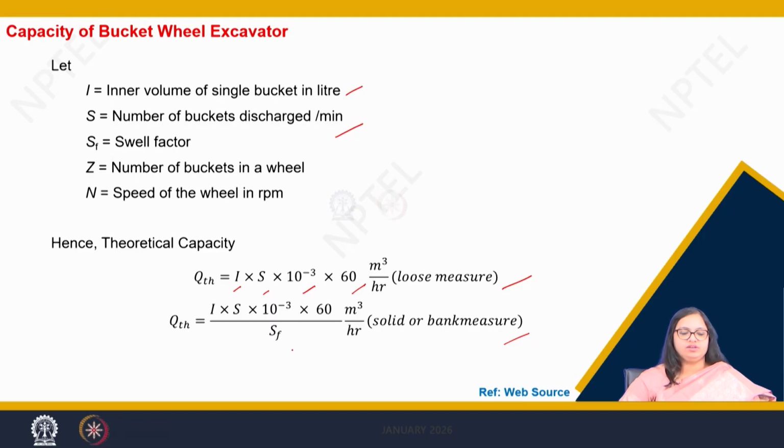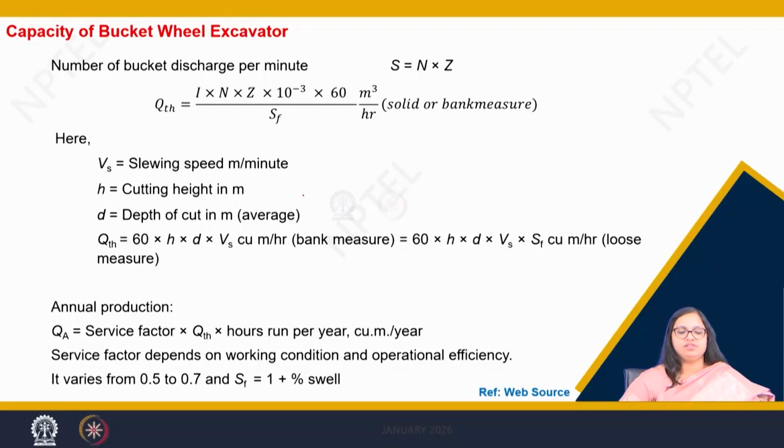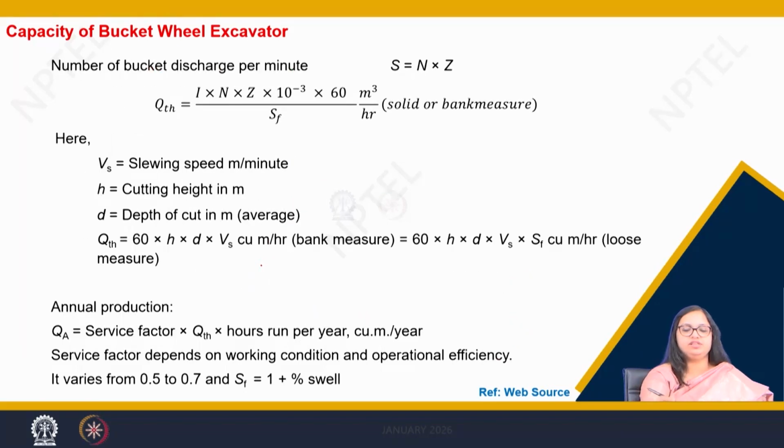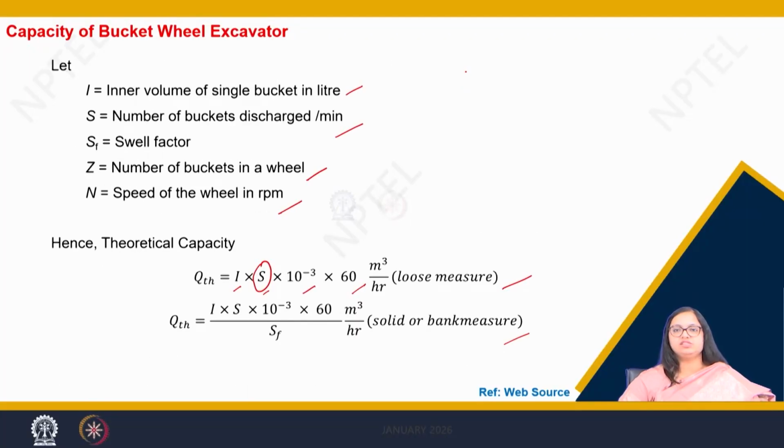Now, here there are a few more terms. The number of buckets in a wheel is defined by Z, and the speed of the wheel, which is given in RPM, is defined by N. Now, the number of buckets discharged per minute is given by S. In the last equation we have seen this S, which we can define as N multiplied by Z. N is the speed of the wheel and Z is the number of buckets in a wheel.